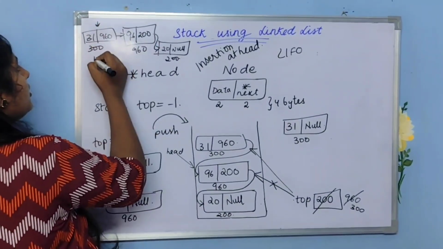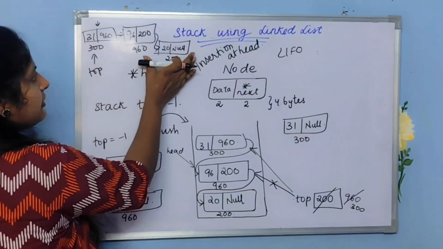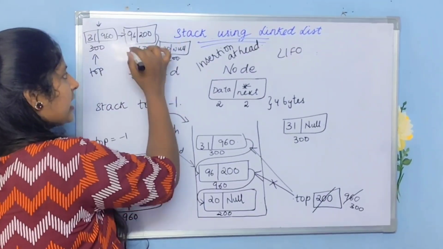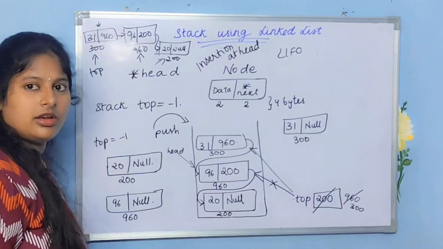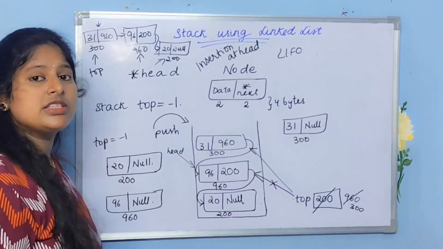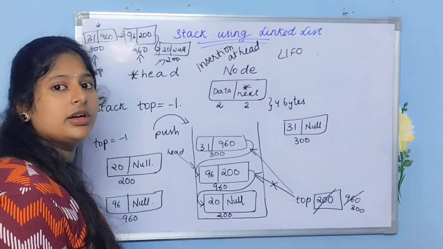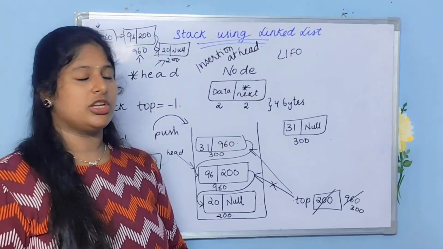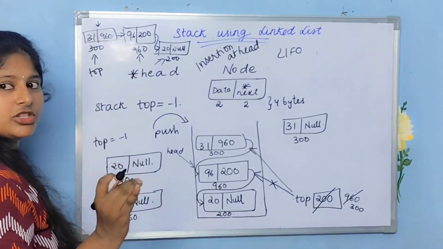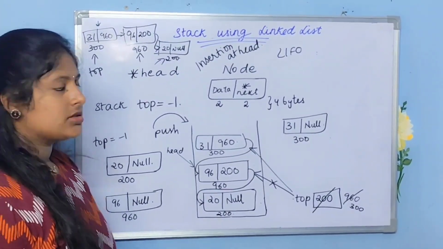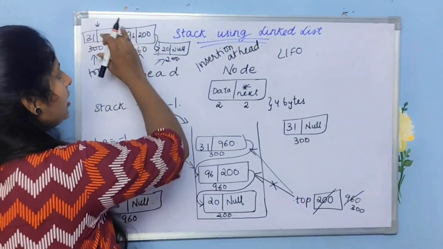Now this is top. Initially when it was only one element, top is pointing over here. After adding the second element, here, then here. So you perform stack insertion operation at head position only. The reason for taking only head position is, say I ask you to insert an element at the end.